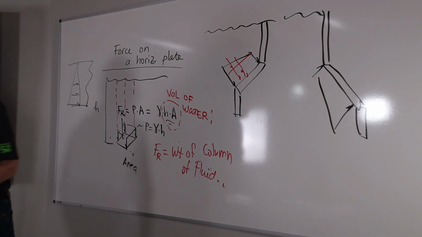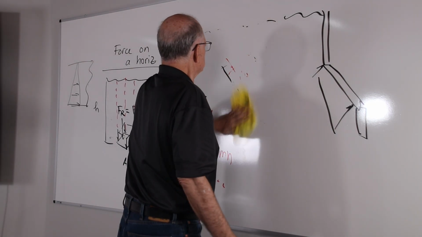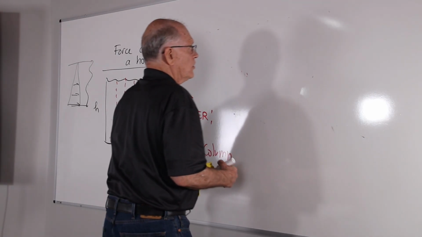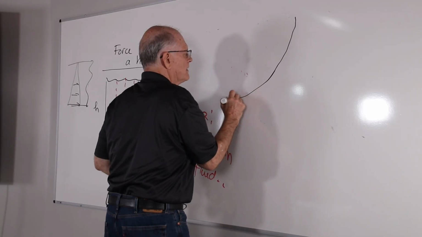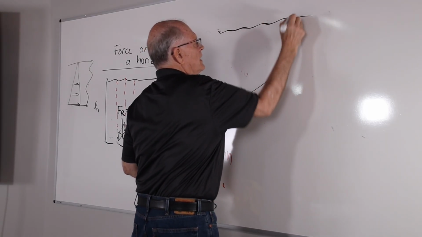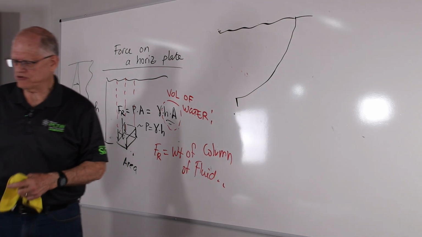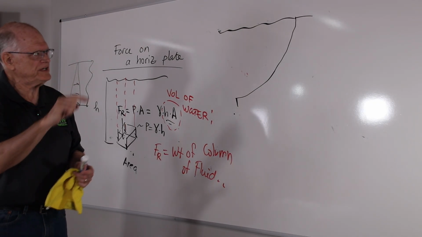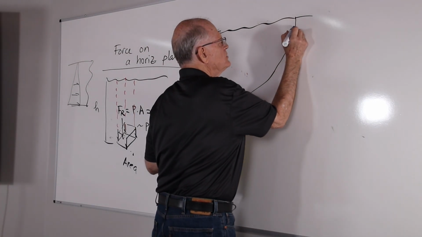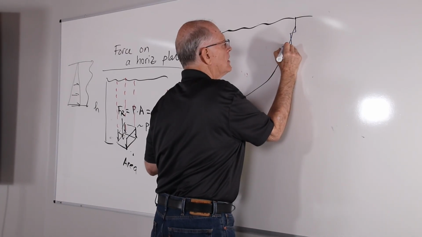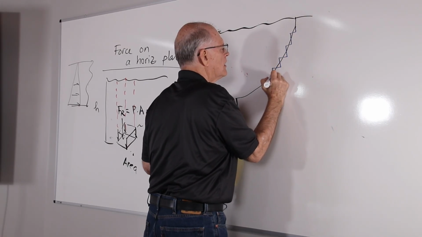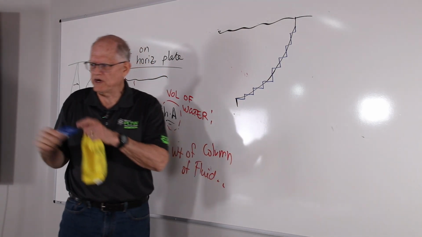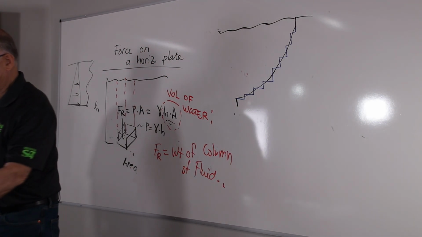So let's look at a curved surface. So if we basically take a curved surface, and you go, I can't find the pressure distribution on that guy. But if you take that curved surface and discretize it into discrete horizontal and vertical steps, and of course you can shrink these steps to infinitesimal size.